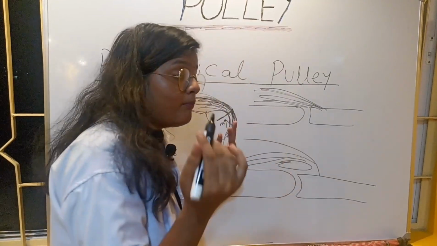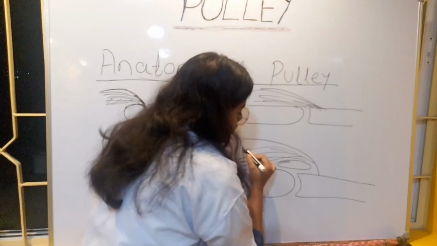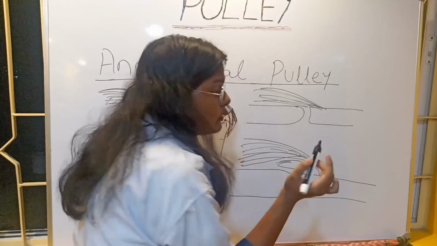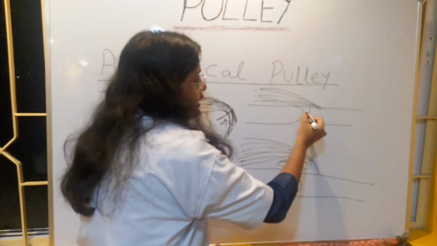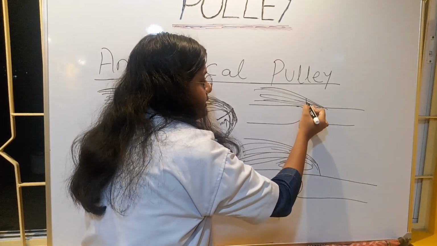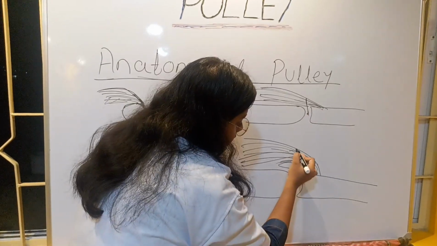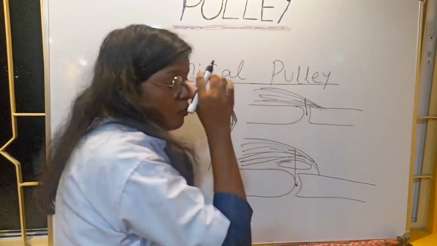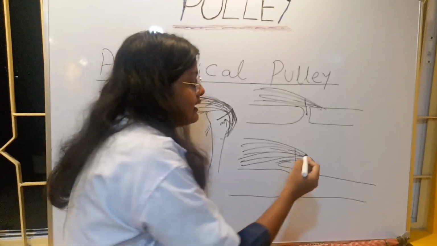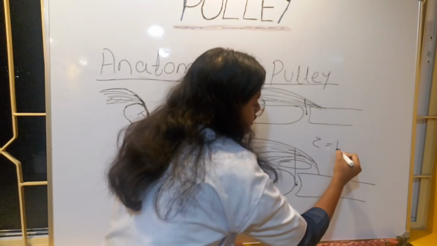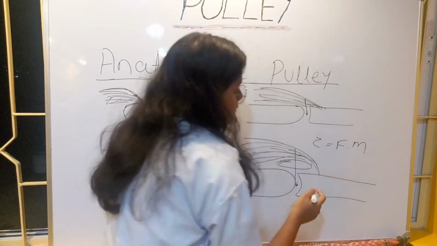The muscle is deflected. So let's calculate the moment arm. Here the moment arm is this much, but here the moment arm is this much. So the moment arm increases, and torque is equal to force into moment arm.